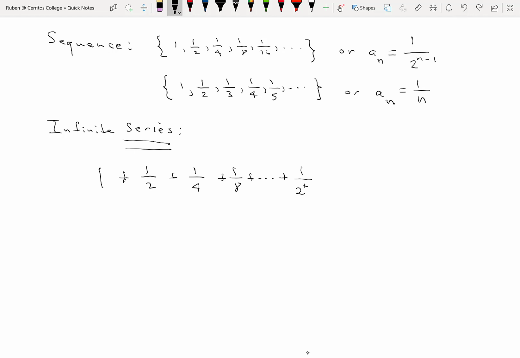There we go. 1 over 2 to the k minus 1. So we have 1 plus 1/2 plus 1/4 plus 1/8 all the way up to the general term at the kth order, or you could put the nth order, 1 over 2 to the n minus 1, and then plus ... after that.